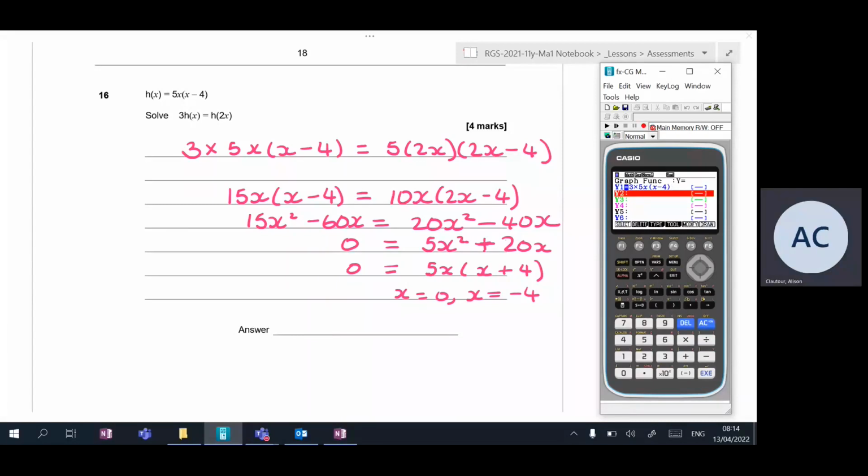And then the other side was just replacing the x's with 2x, so 5 times 2x times 2x minus 4. If you draw both of those and see where they intersect, you can see it's at minus 4 and 0. So I know I've got it right.